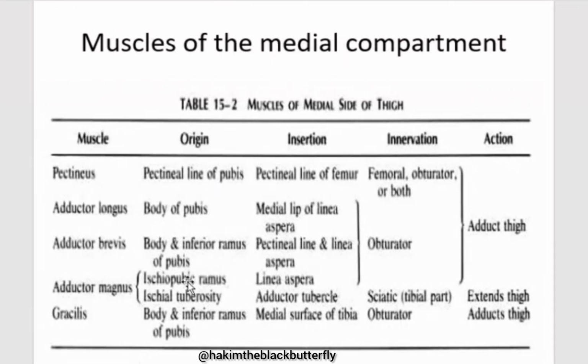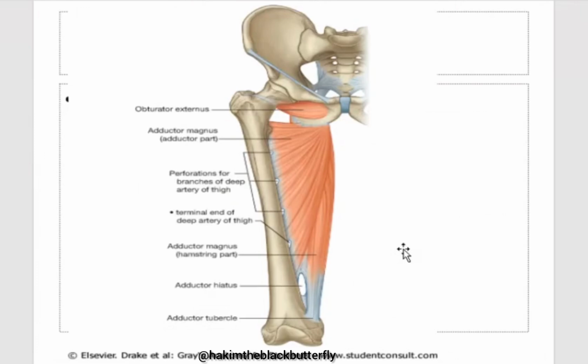So this part of the adductor magnus is the one which adducts and is supplied by the obturator nerve. This part, from the ischiopubic ramus to the linea aspera, is known as the adductor portion of the adductor magnus. It's the one supplied by the obturator nerve.